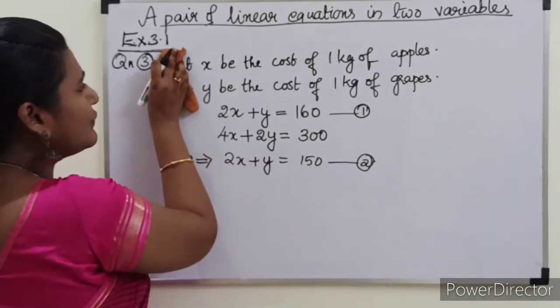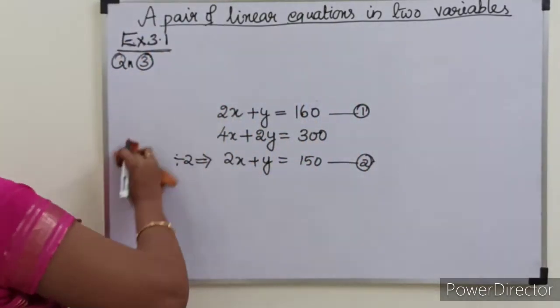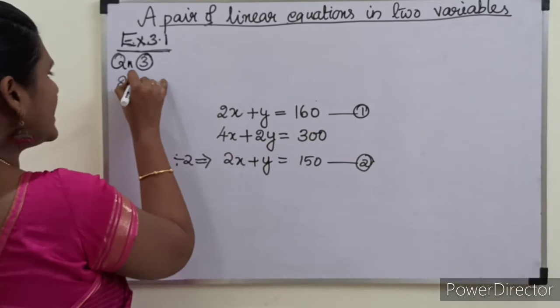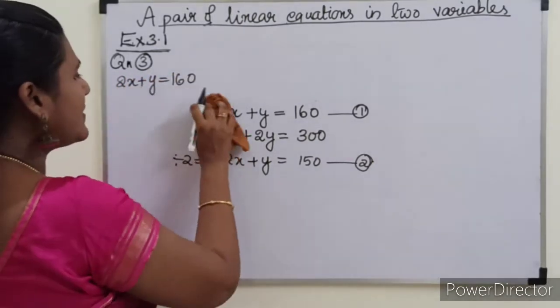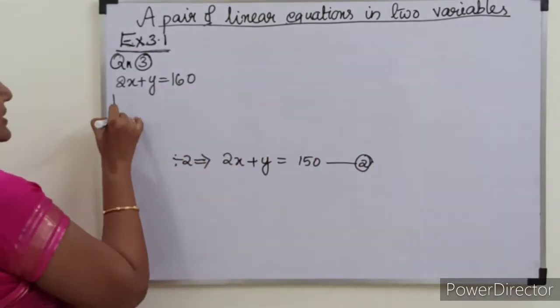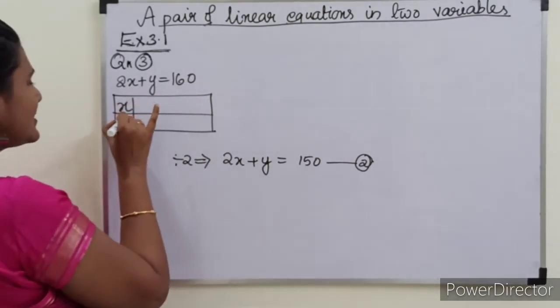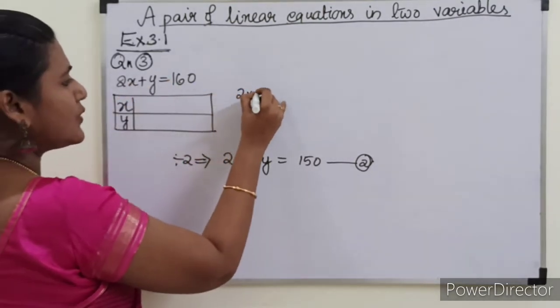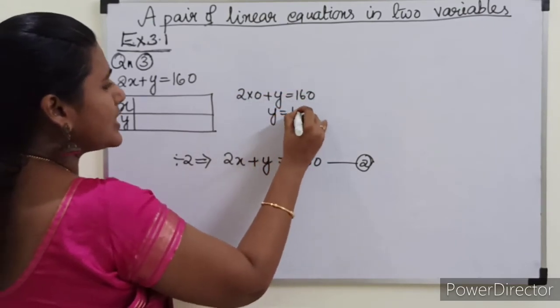Now we are going to find the solutions of these two equations so that we can represent them graphically. First equation, I am taking 2x plus y is equal to 160. First we will take x is equal to 0. When you substitute x is equal to 0, you will get y is equal to 160.